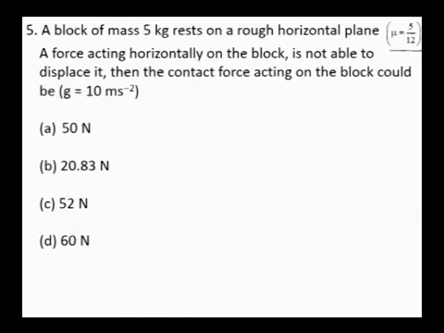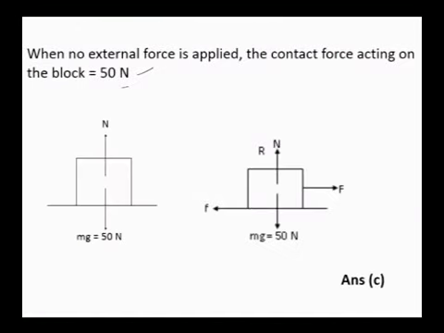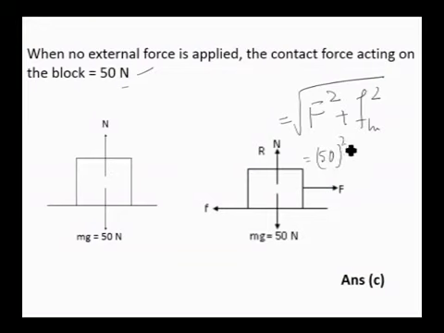So here, when the block is about to move or when it actually starts to move, then the contact force will be the square root of the force applied squared plus the limiting force squared. So taking the square root of this, I will actually have, see, 50 squared plus this frictional force, which we know is mu N, where this is the coefficient of friction, there we had given 5/12.